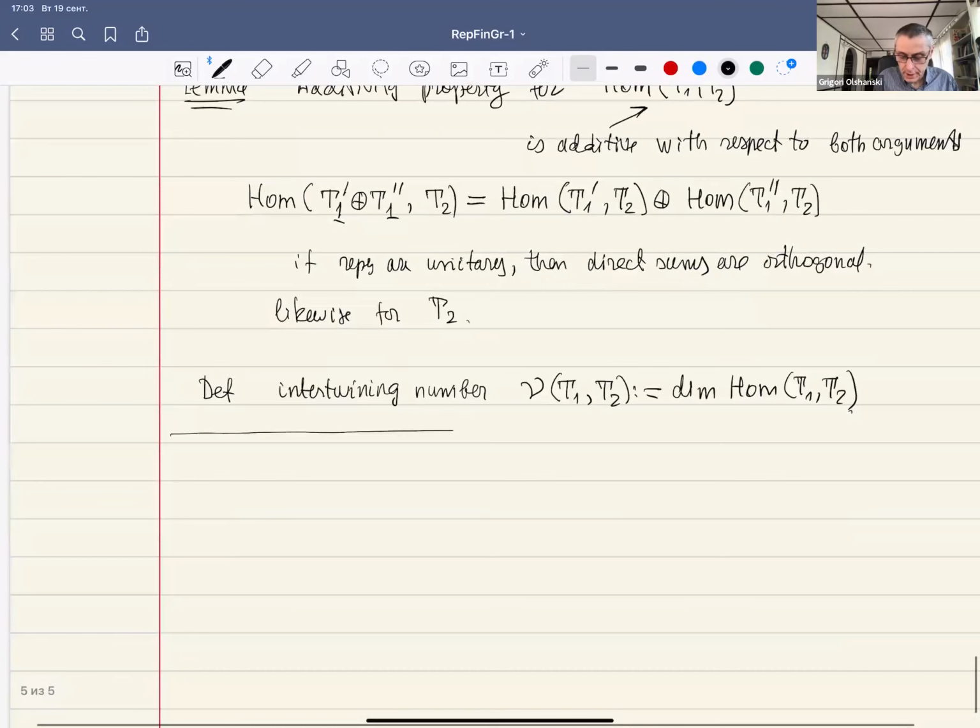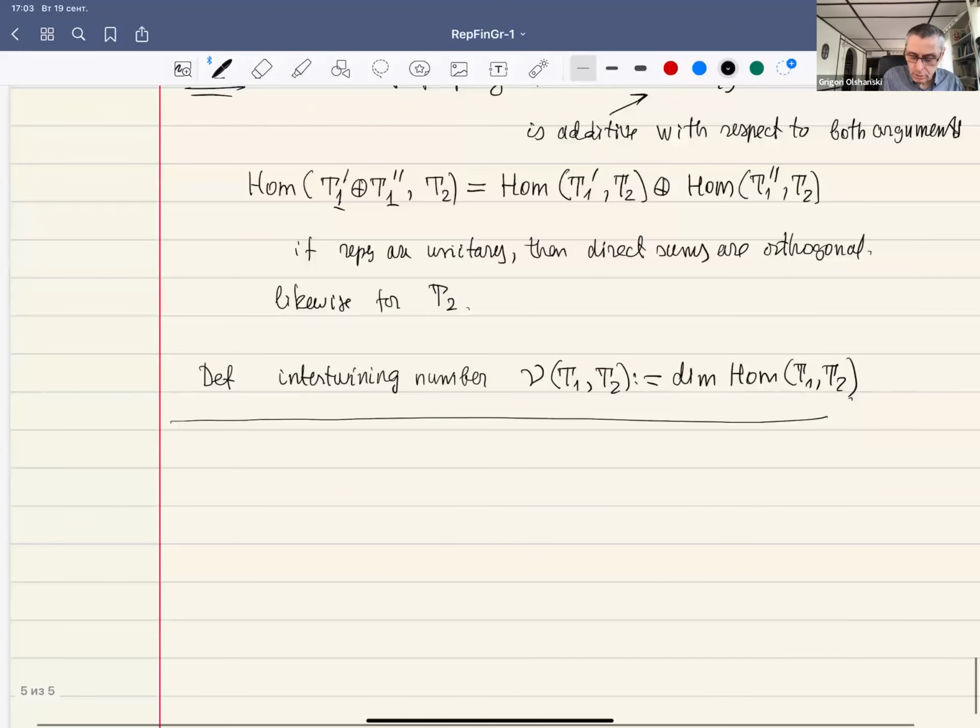Okay, so what next? Right, let's take our space G hat, the set of all irreducible representations. Let's enumerate them. Actually, there are finitely many of them, but don't think about this at the moment.